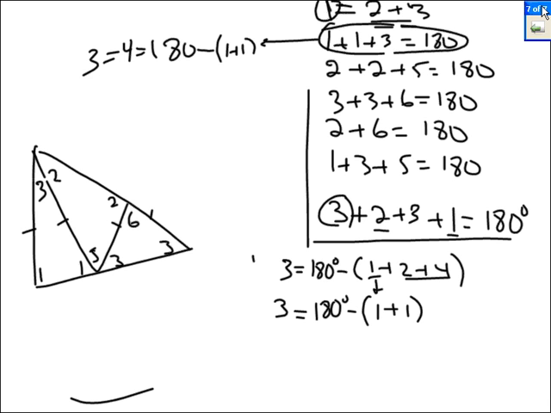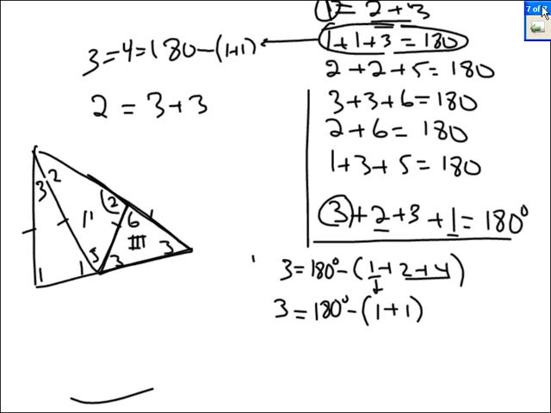Now, what about exterior angles? Maybe that's key. Let's look at triangle number 3. If I extend it, I now know that 2 is equal to not 6, but 3 plus 3.